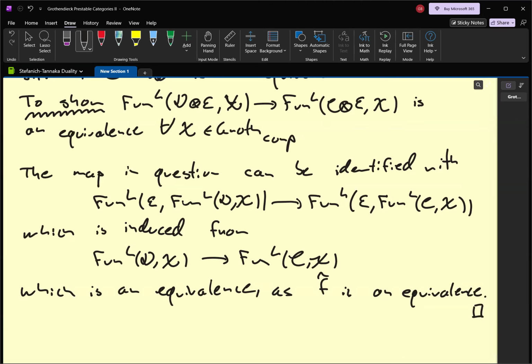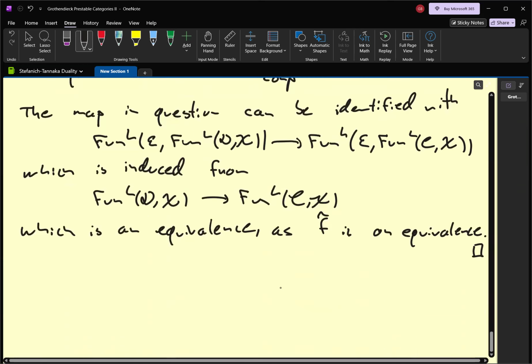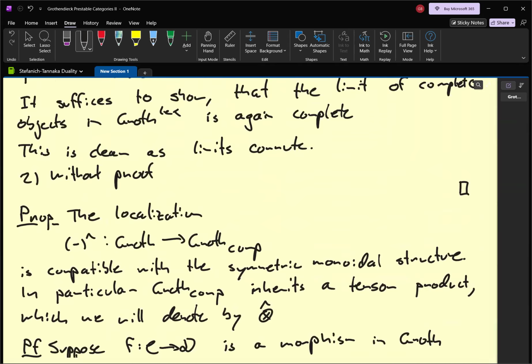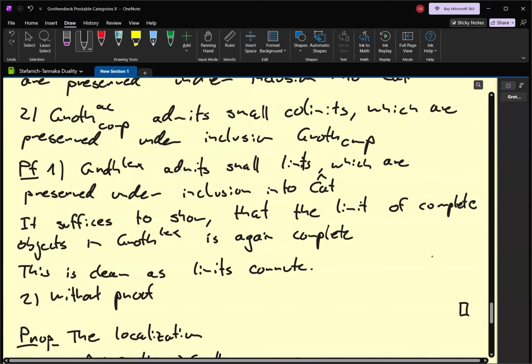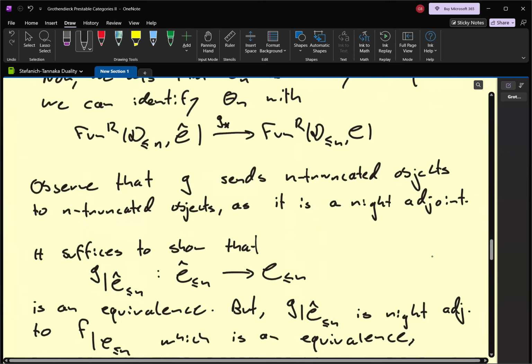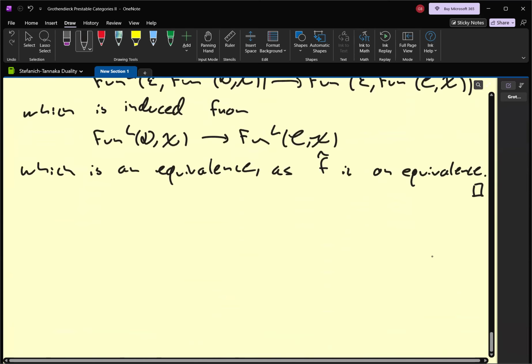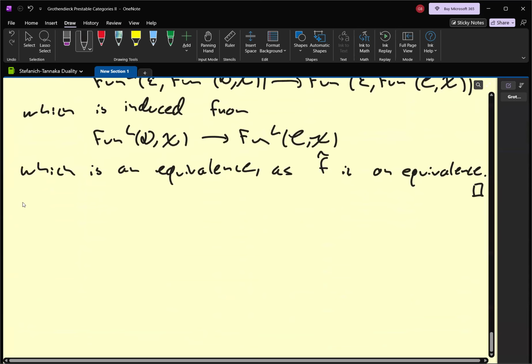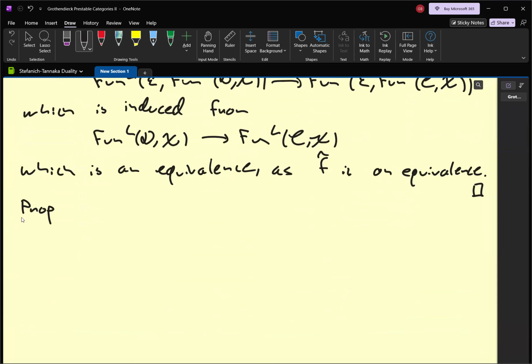So now we have this. We now have a tensor product on complete Grothendieck pre-stable categories. And now the question is, okay, how does this tensor product now interact with colimits? Because earlier we at some point discussed something about colimits in the tensor product, and there's an analogous proposition here. So the proposition is the following.